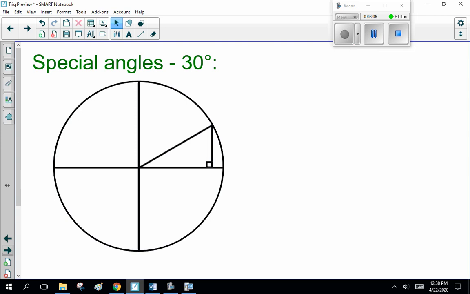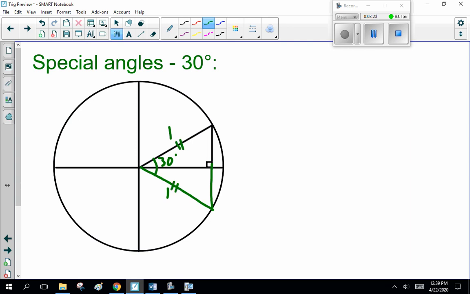Now, 30 degrees, same idea. Now this is easier because if that's 30, that's 60 degrees in total, which means it's not isosceles, it's equilateral.